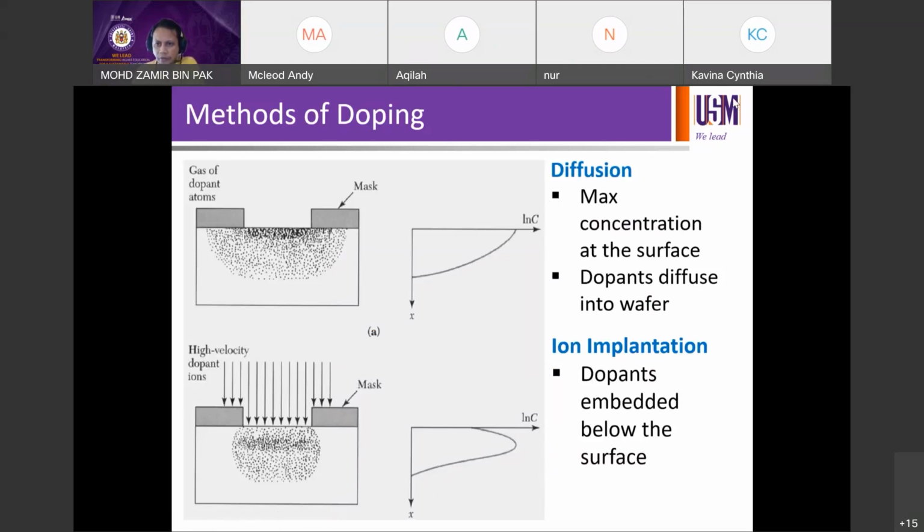So let's have a look at the difference between both. If you look at diffusion, the one on the top, it is a process that will produce maximum concentration at the surface, because you incorporate your dopants through the surface, say at x0, the surface. This is ln of concentration against depth.